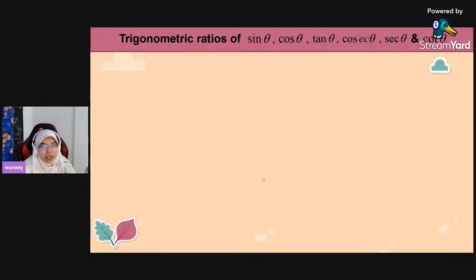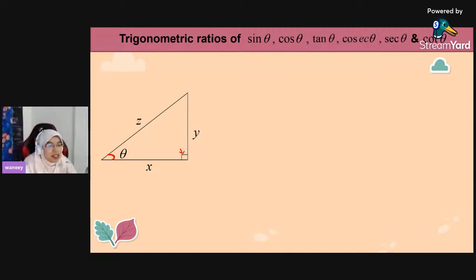So let's say we have a triangle. This is a right angle triangle. Whenever I say right angle triangle, there is supposed to be a 90 degree angle over here. Let us name this angle as theta.